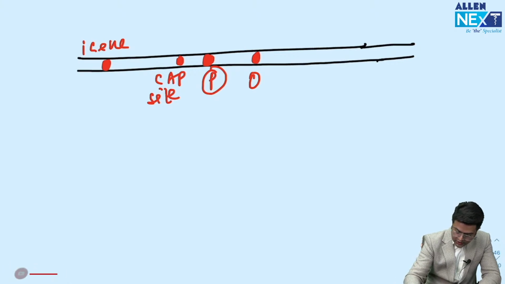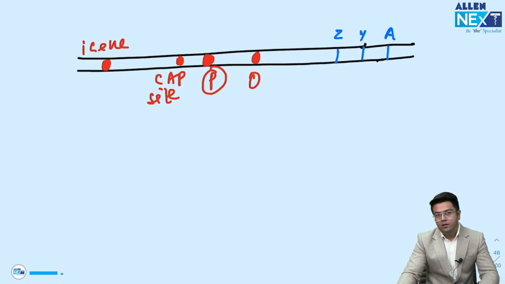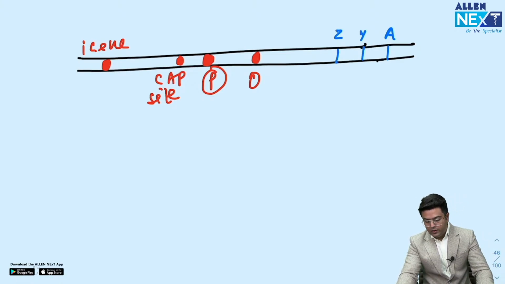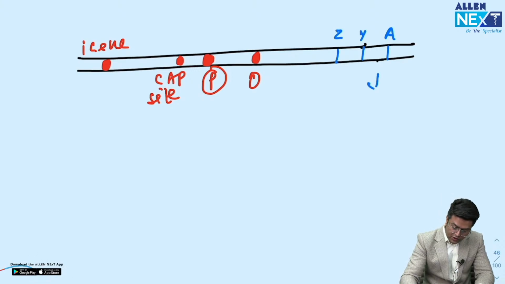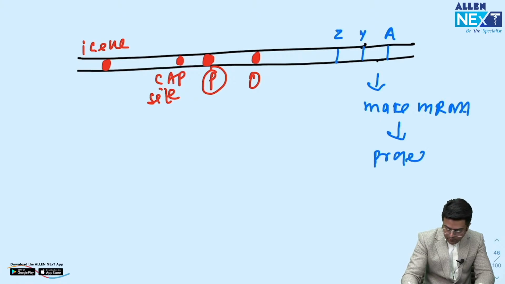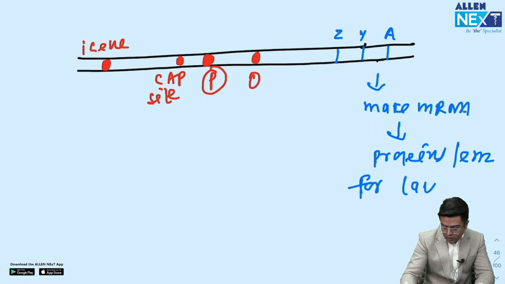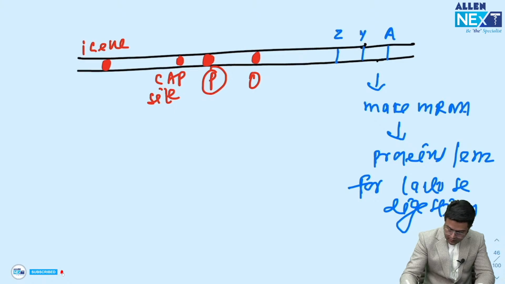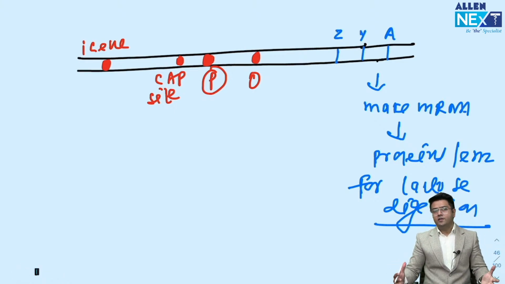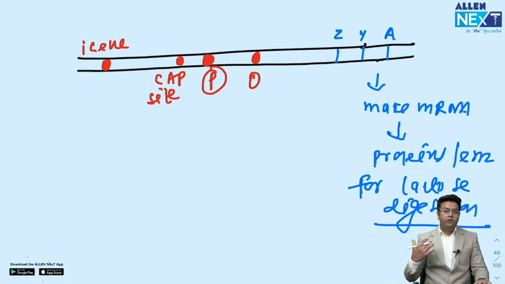Then there are three genes in the lac operon, called Z, Y, A. There are just three genes. These three genes make the mRNA, then the proteins or enzymes for lactose digestion.